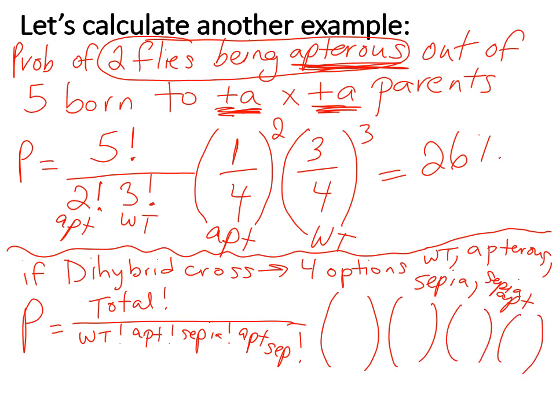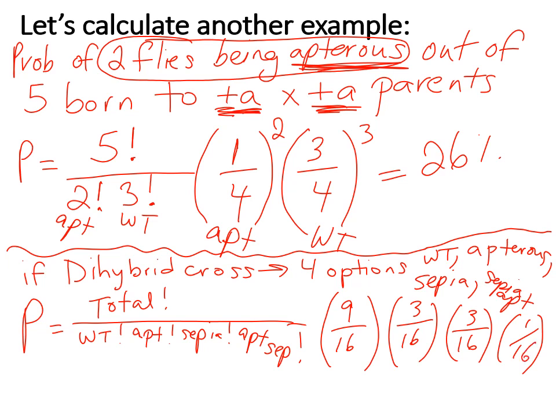Now, where would you get what these 4 fractions are? What do you know in a dihybrid? What is it? It's 9 out of 16, 3 out of 16, 3 out of 16, 1 out of 16, right? When we did that big Punnett square, okay? Sorry, I'm going to erase that so that it doesn't stay messing up your screen, right?